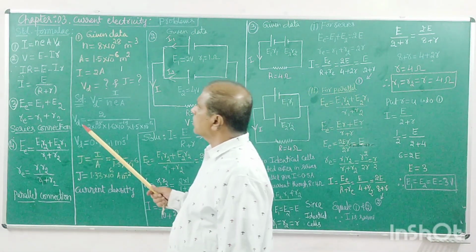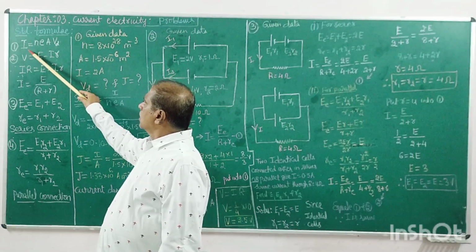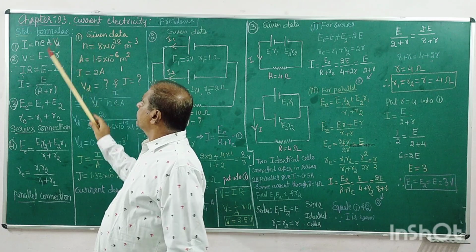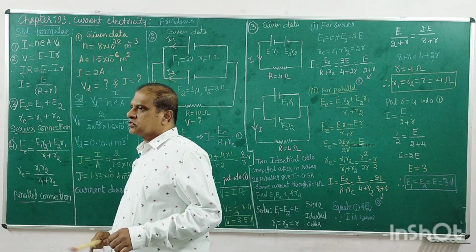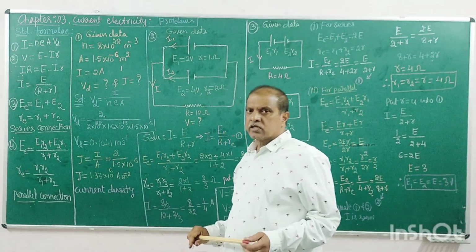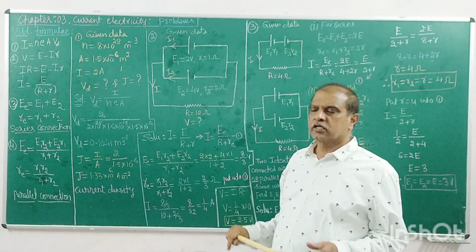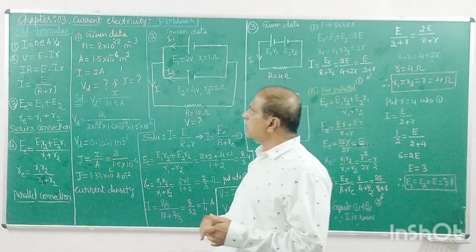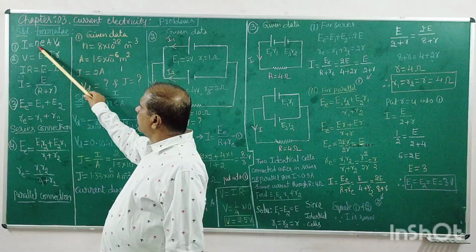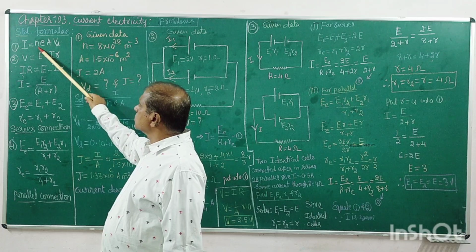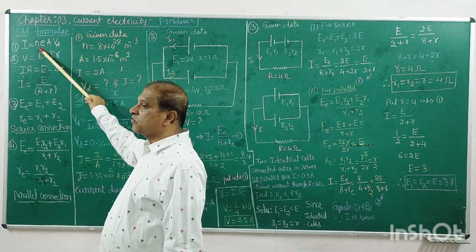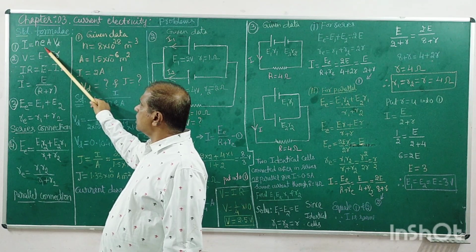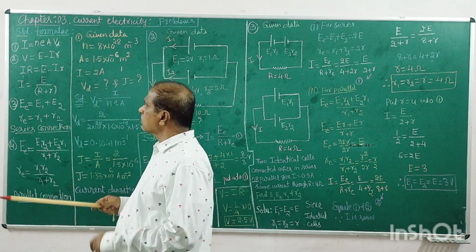The first formula is I equals N into E into A into Vd, where I stands for current strength, that is current carrying in a conductor, and N the number density of free electrons, and E electron charge of each electron.